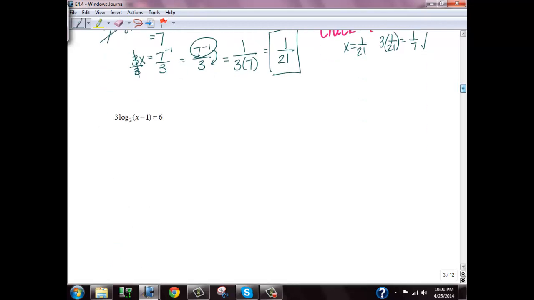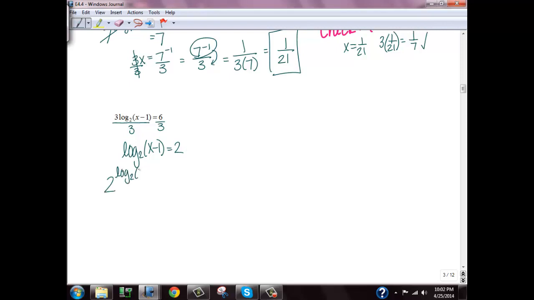This one, same idea, but here I don't just have log of some number, right? Here I have 3 times the log. I can't have a coefficient when I change forms, so I'm going to go ahead and just divide off that 3. When I divide it off, that leaves me with log base 2 of x minus 1 is equal to 2. And now I can get rid of my log base 2 by raising it into the exponent using exponential base 2.